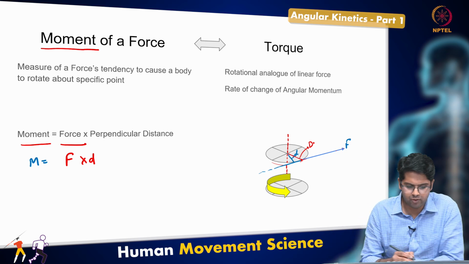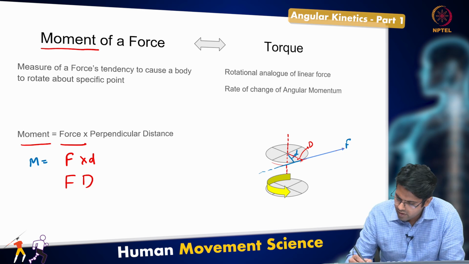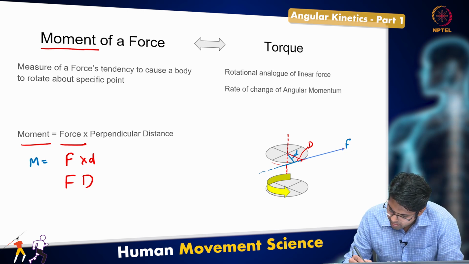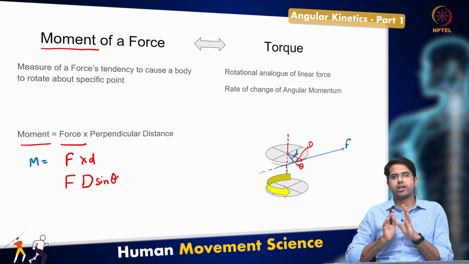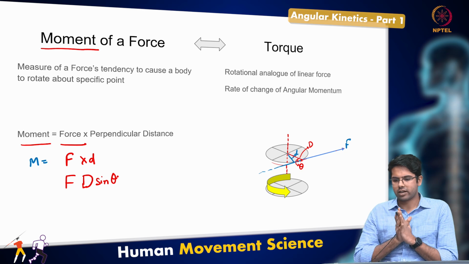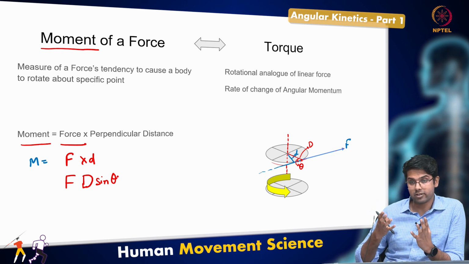So the moment of the force would be F into, if this angle here is theta, F into D sine of theta. So right now we are dealing with planar kinetics, and we'll keep our scope limited to that.